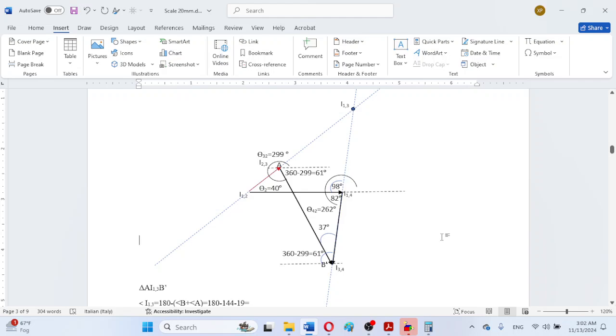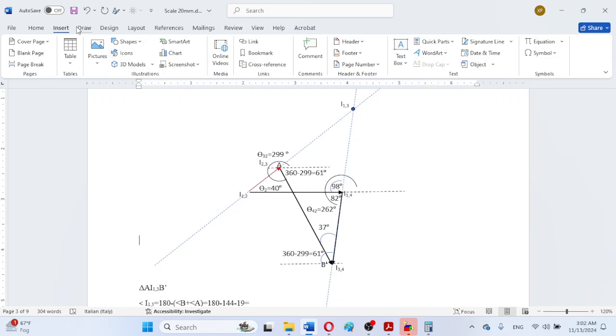So this angle has been calculated, and after that this angle is the same as theta 2, that was 40 degrees. So 40 plus this 61 degrees. So this total angle between this A I1,3 and the AB dash line will be calculated.